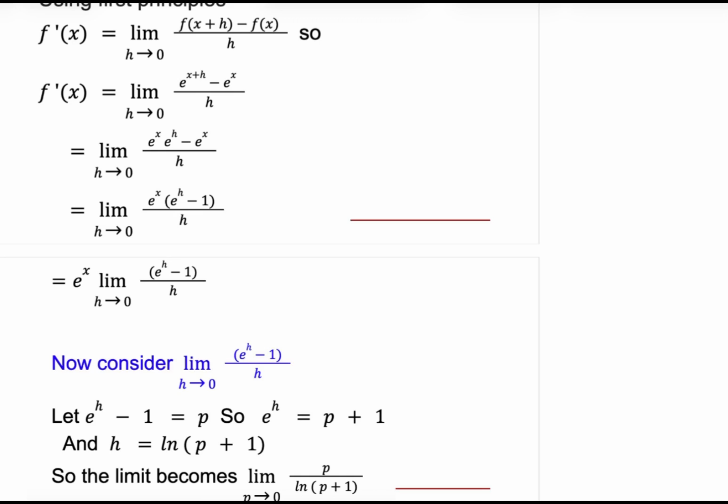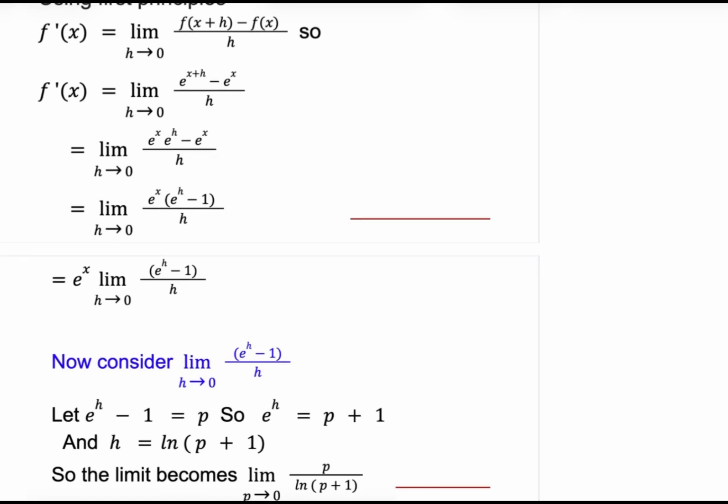Now, in general, we could use the limit as h approaches 0 of e to the h minus 1 over h as being equal to 1 as a fact, but we are going to show by this theorem that it is actually equal to 1 by doing some more math on it. Now consider the limit as h approaches 0 of e to the h minus 1 over h.